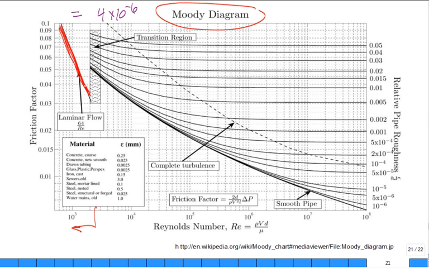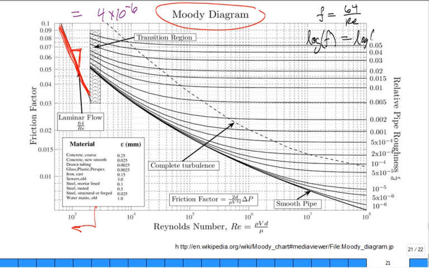Why is it sloped like that? Well, on a log-log plot, this is a straight line, isn't it? So let's go back and check that out. Friction factor is equal to 64 over the Reynolds number. Take the log of both sides, log of friction factor. How do I take the log of something over something?